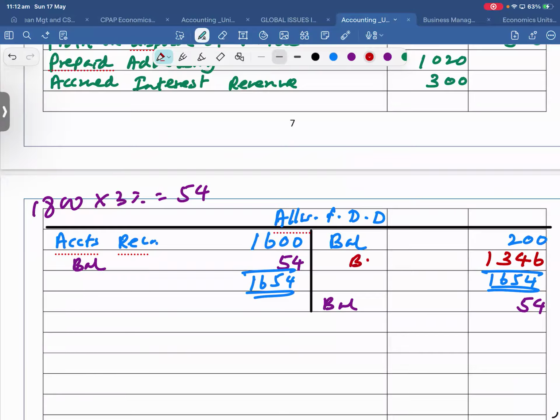Bad debt expense, okay? 1346. So bad debts expense change here, 1346.